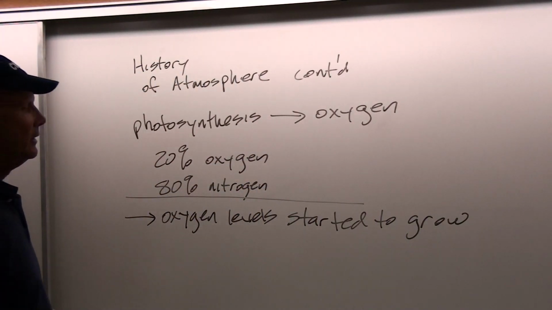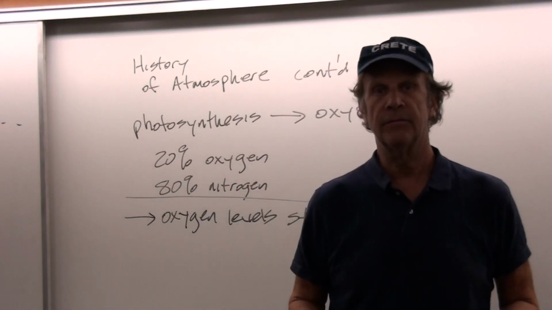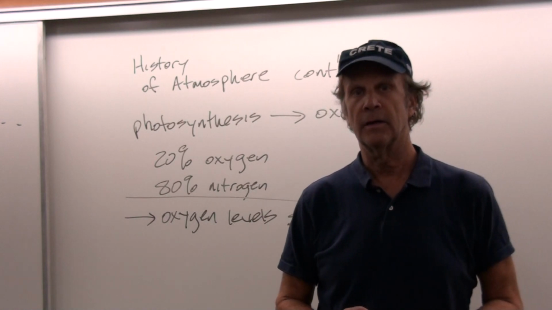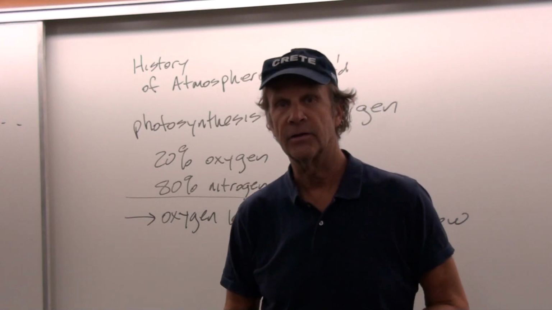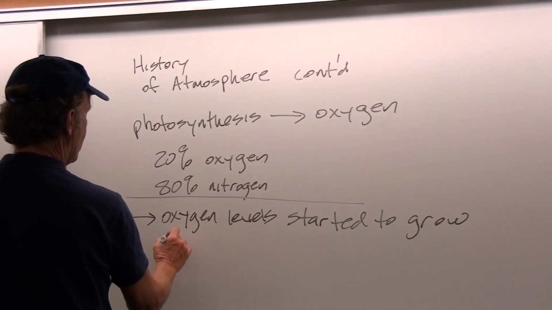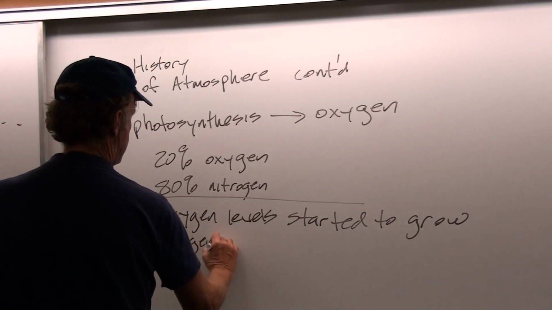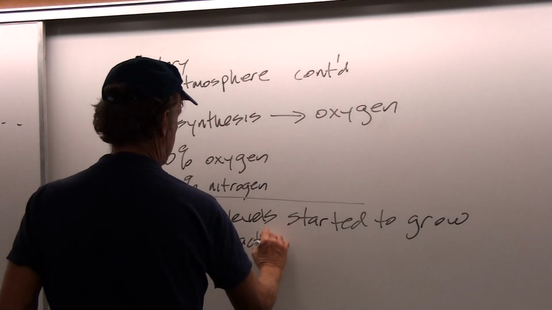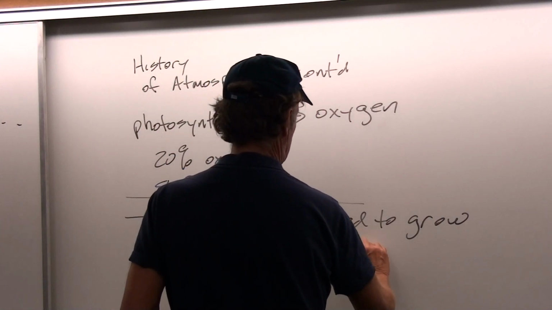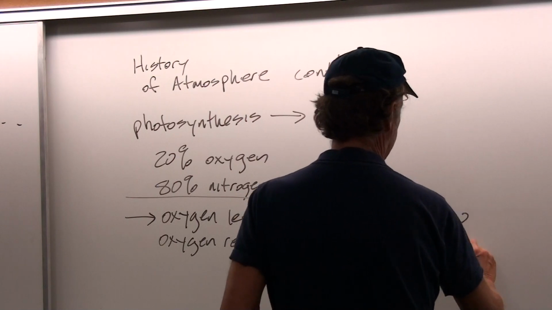However, in the early environment of the Earth's oceans, there was a lot of iron. And so the oxygen reacted with iron initially to form rust, also called iron oxide.